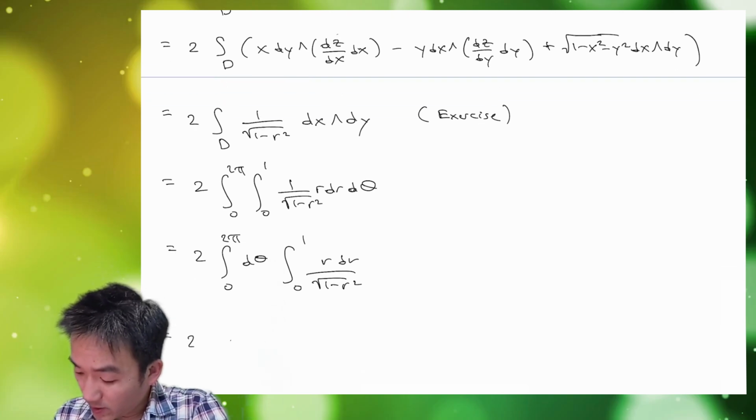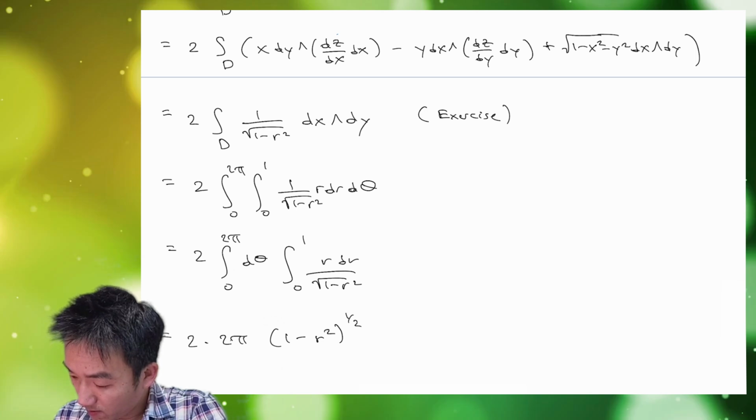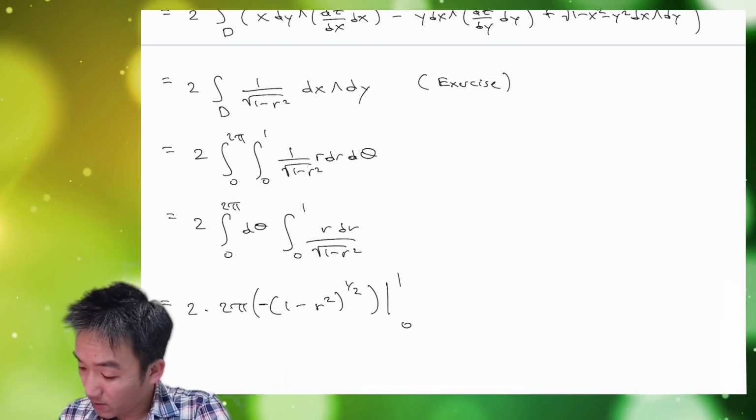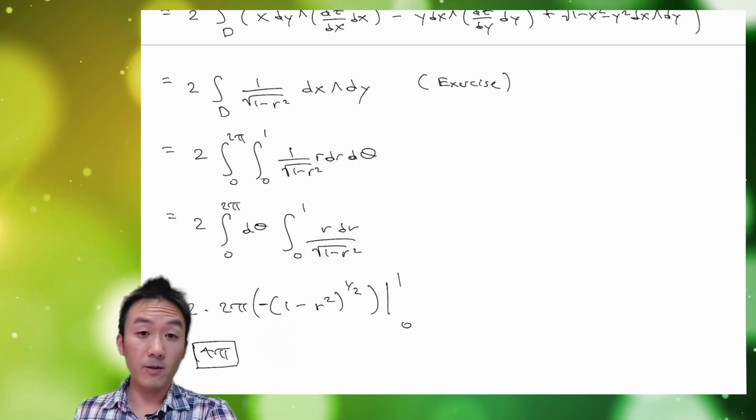And so we're going to get a 2 pi, and in this case, we just use the fundamental theorem of calculus. One to 0, and altogether, the answer is 4 pi, which indeed is the surface area of the unit sphere.